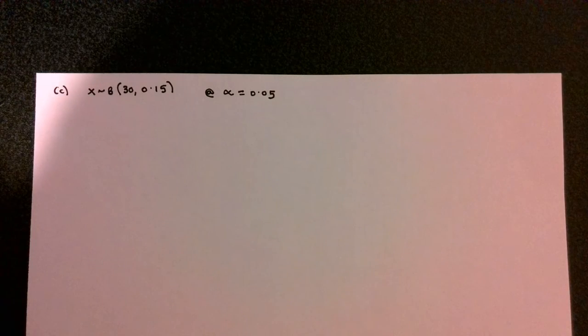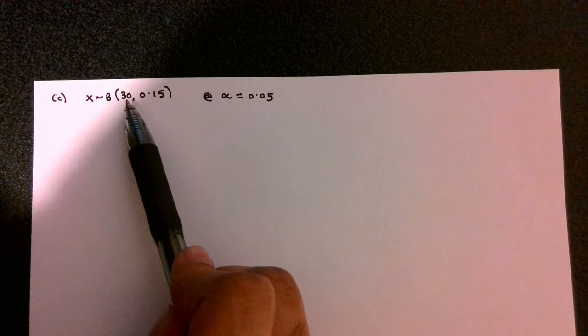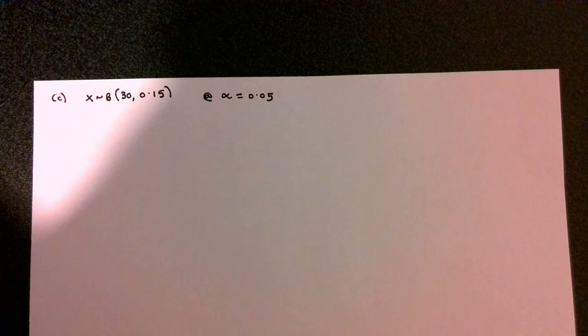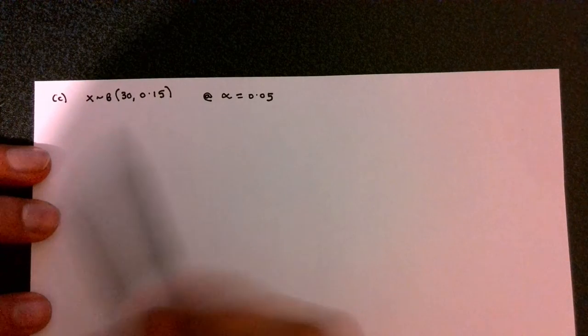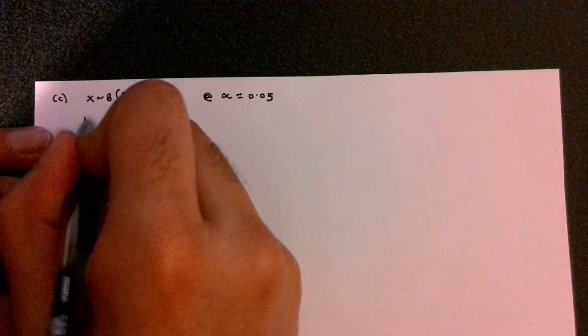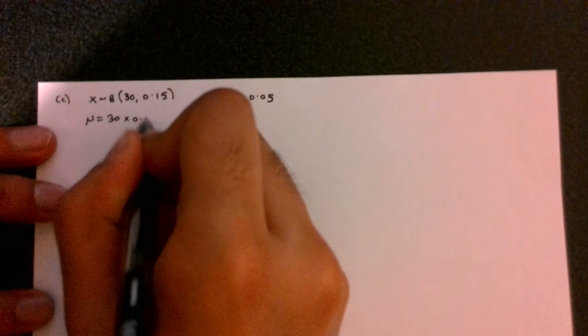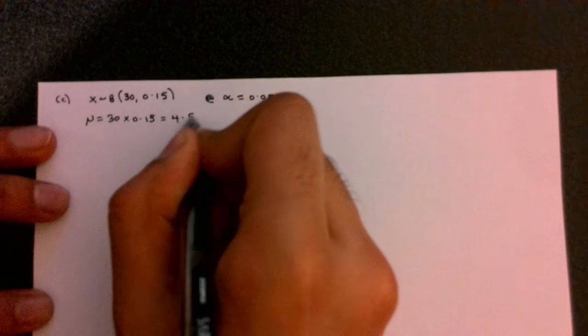For part C, we know already that X is binomially distributed with parameters 30, 0.15, and we're looking at the 5% level of significance. We can find out the mean by multiplying 30 by 0.15, the result of which is 4.5.